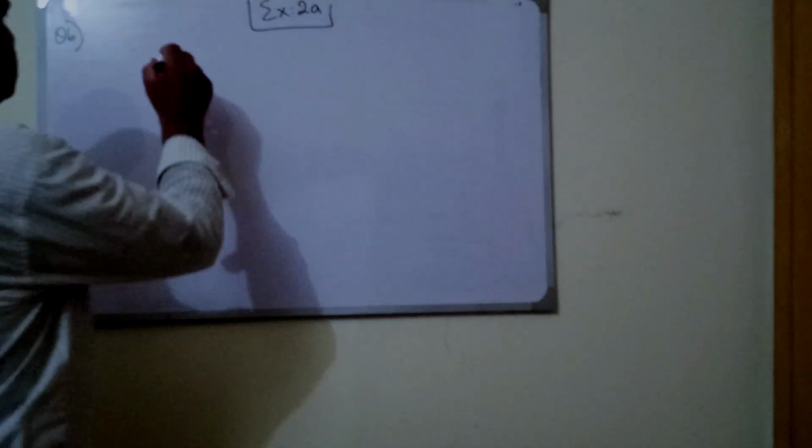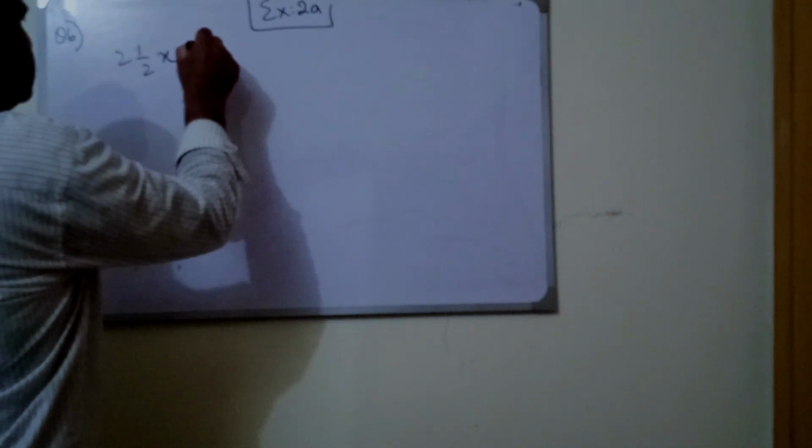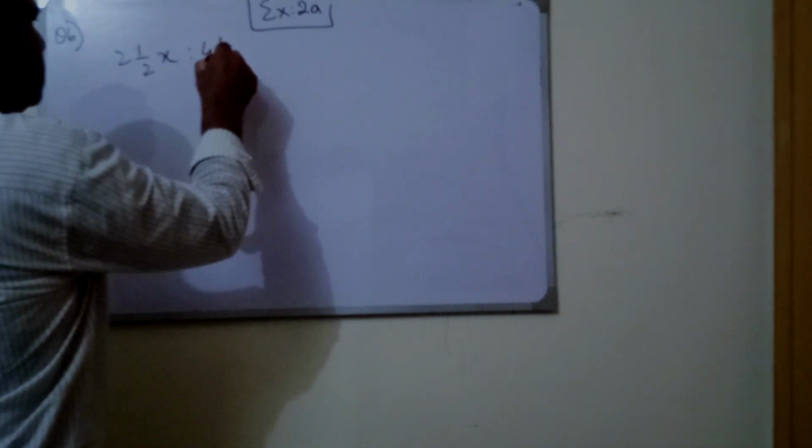Now here we have the next two parts. We have 2 1 over 2 x ratio 4.5 y.